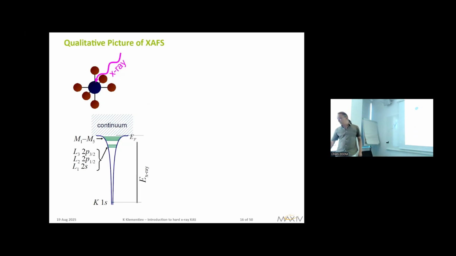But if we overcome the threshold, then yes, we can kick it out. And the difference of the final state minus the Fermi level goes to the photoelectron. So we overcome the potential of this atom, and then it propagates as a spherical wave with that given energy.